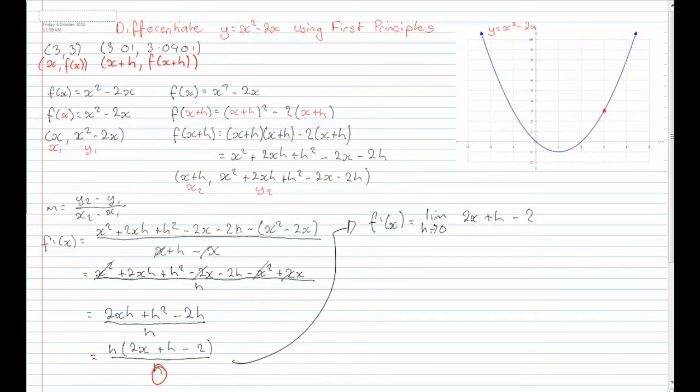Okay, and as the limit of h approaches 0, we just substitute in h equals 0 here. So you end up with f dashed of x, the limit as h approaches 0, is equal to 2x minus 2. Therefore, f dashed of x is equal to 2x minus 2.